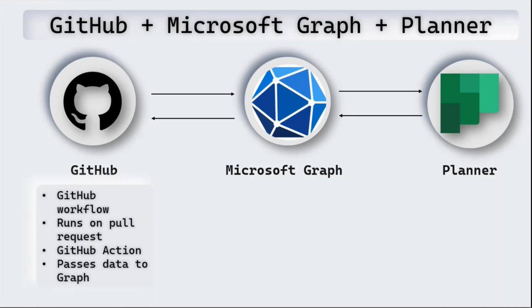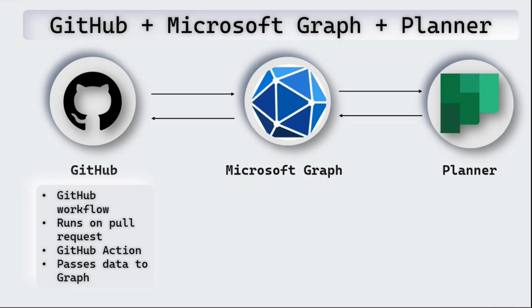In order to do that, we'll look at the repository in GitHub, and that repository will have a GitHub workflow, and this workflow runs on a pull request. So when there is a pull request, say on the main branch, this particular GitHub workflow will run, which we'll have a look at in a minute.